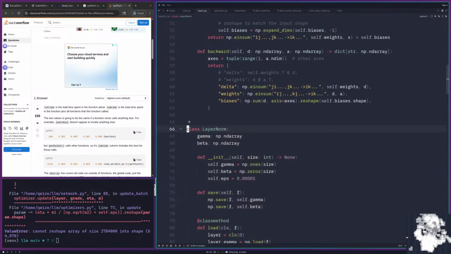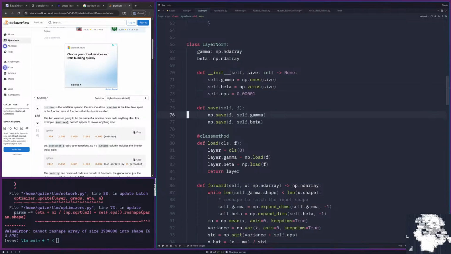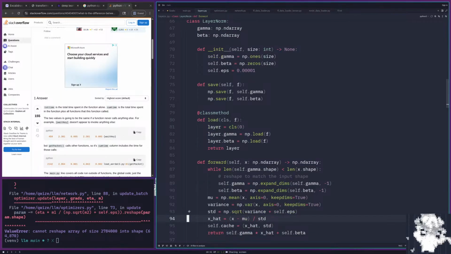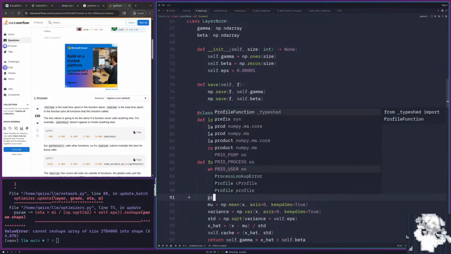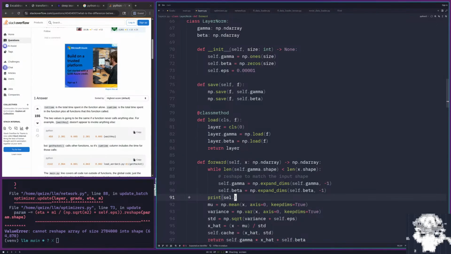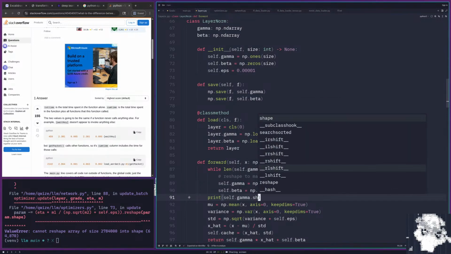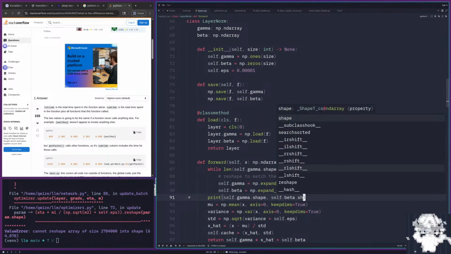In layer norm, print self.gamma.shape, self.beta.shape.